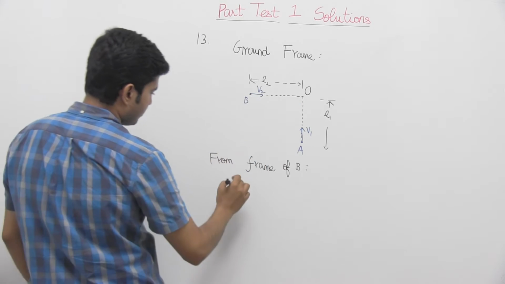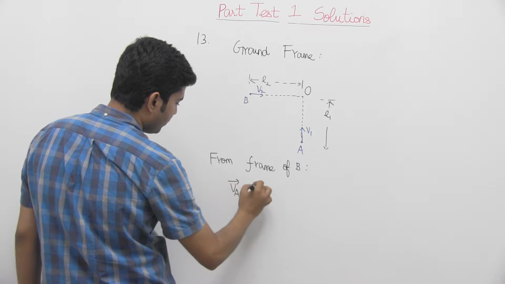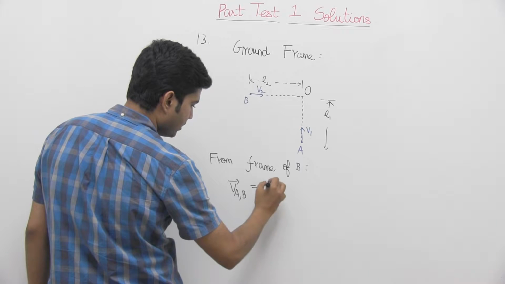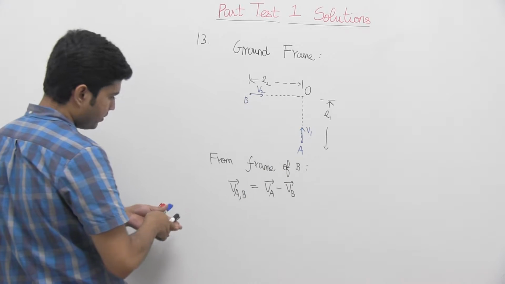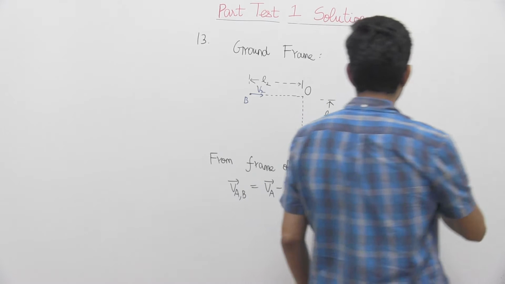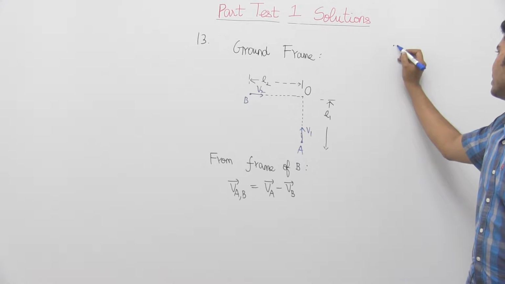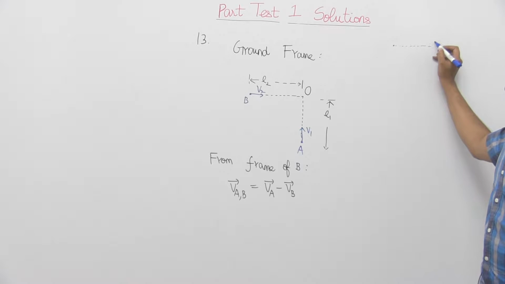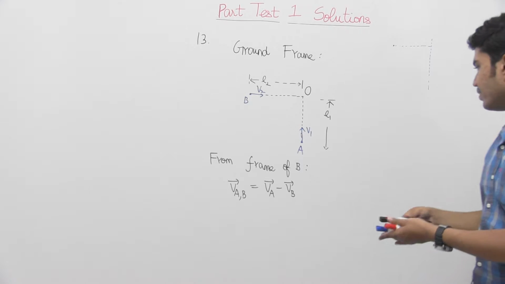Because if I observe A from B, the velocity of A with respect to B will be what? Velocity of A minus velocity of B. So actually the figure that we will get is like this. B will stay like that only. For A, we will give two velocities.